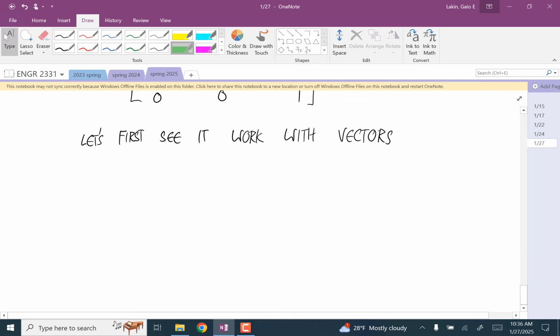Let's say in this coordinate system, this vector has a length of 10. So it's easy to figure out what the components are of this vector in this coordinate system. It's just 10 along x, 0 along y. So this vector u is 10, 0. Okay?